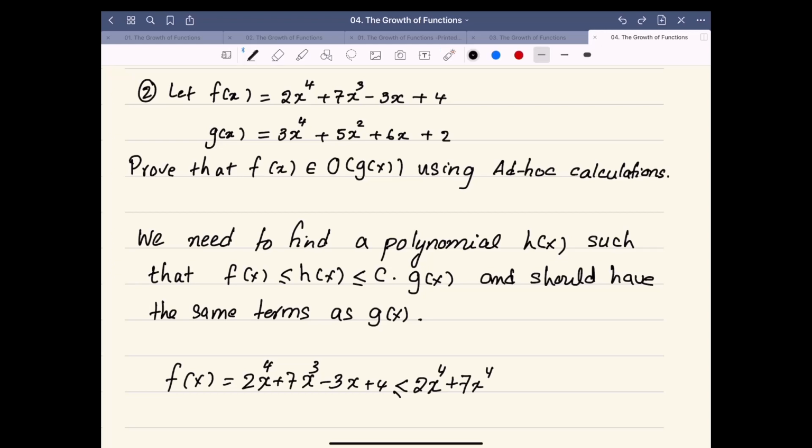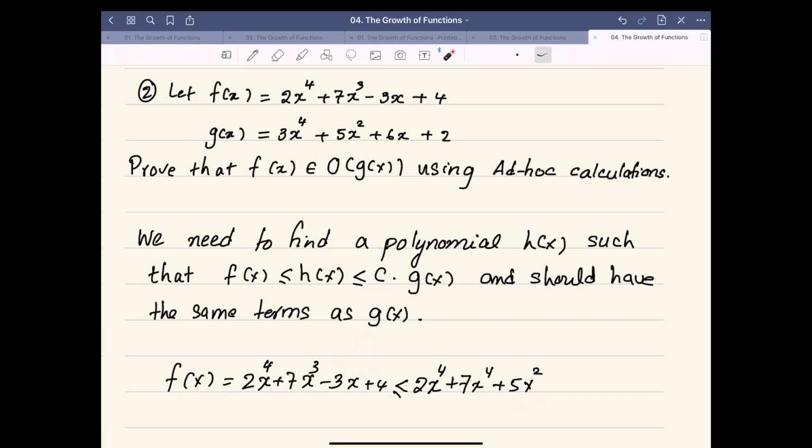So we can introduce it, because since it is positive, we can simply add 5x raised to power 2, and still this expression is less than the new one because we assume that this term is in here but multiplied by 0. So we assume we have 0x raised to power 2, which is less than 5x squared.